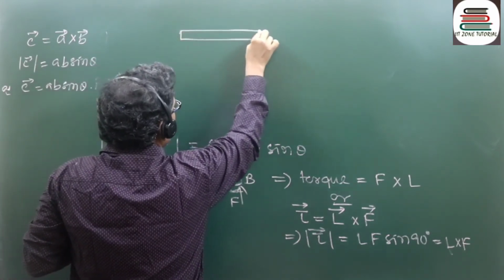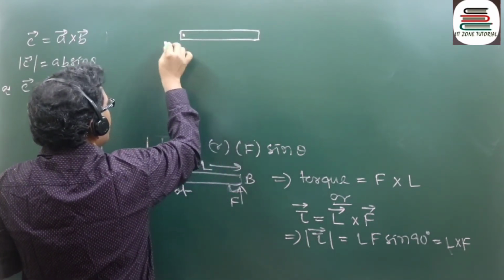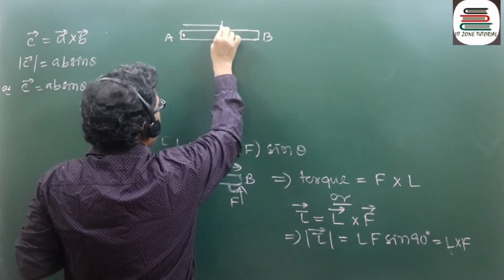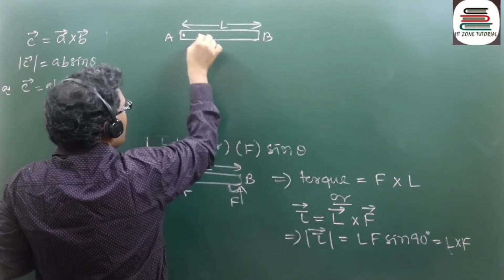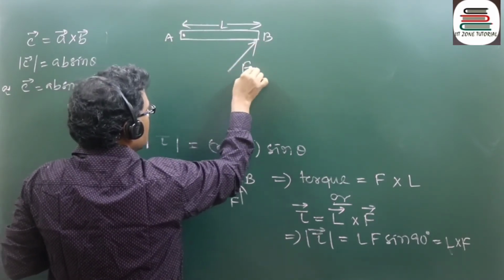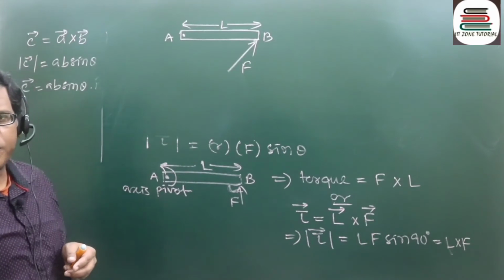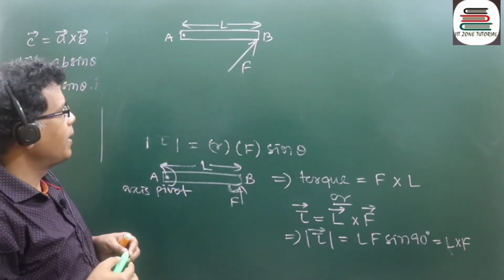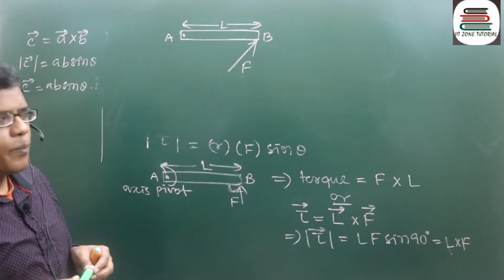Okay, so now for example, if this is the rod with axis pivoted at its end, this is the length of the rod. Now again I am applying a force at the end, but this time the direction of force is not perpendicular to the rod. Are you getting me?